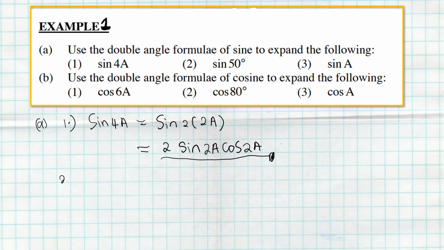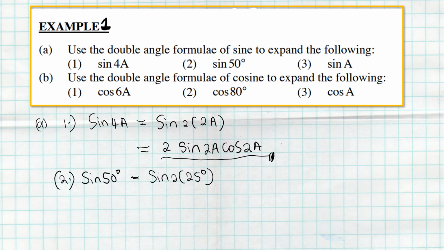Let's go to number 2. As for number 2, you're given sine 50 degrees. Very interesting. So this must be written as a double angle, like doubling the angle, as you're multiplying the angle by 2. And we know that to do this, we can write it as sine 2 into 25 degrees.